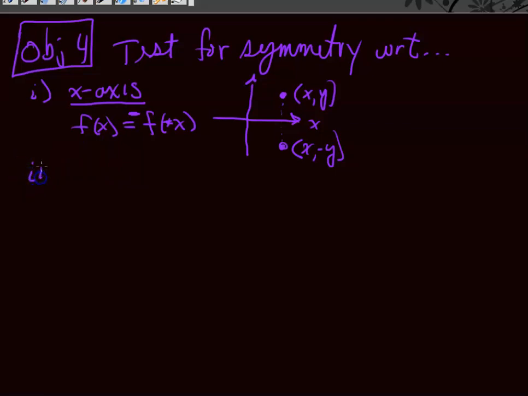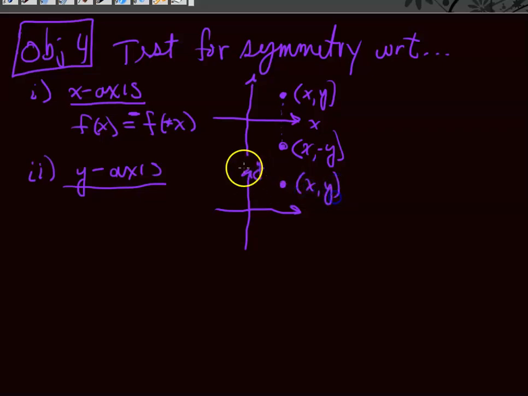Symmetry with respect to the y-axis, that's what I was thinking of. And perhaps it's better to draw a graph first. Now if you have the point xy over here, there's a point where you go perpendicular to the y-axis, same distance away, and you get a negative x, but a positive y still.